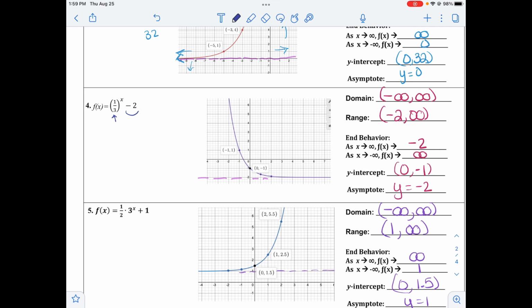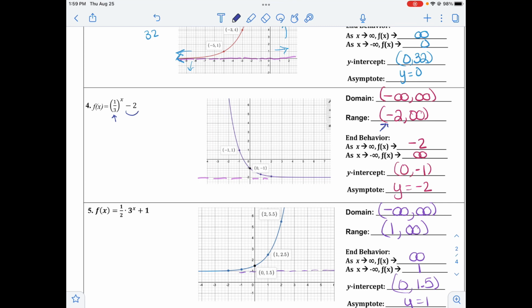Notice that our asymptote is also negative 2. Those are connected, so pay attention to that. And then notice how that changes our range. Our range was changed to start here at negative 2 and go to infinity. Also, our end behavior for as x approaches positive infinity, what does y do, also changed. So those have a big impact on things.